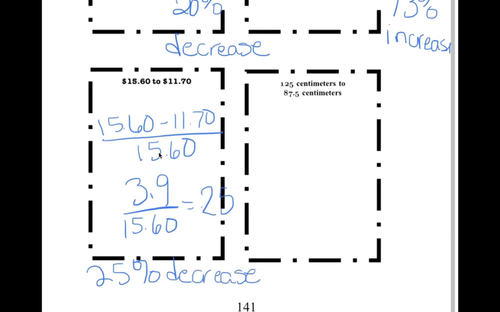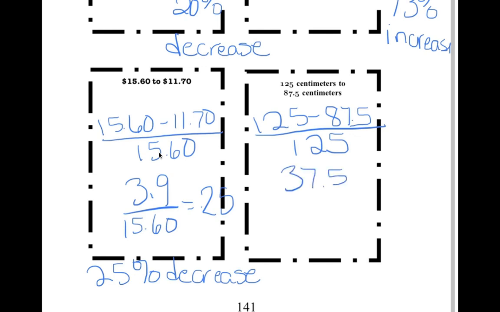And then how about 125 centimeters to 87.5 centimeters? That's also a percent of decrease. So we have 125 minus 87.5 over the original, which is 125. 125 minus 87.5 is 37.5 over 125, which equals 0.3, which is 30%.